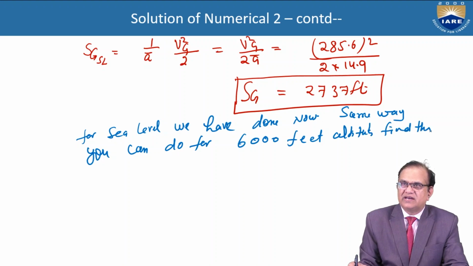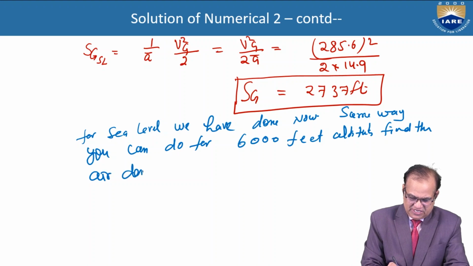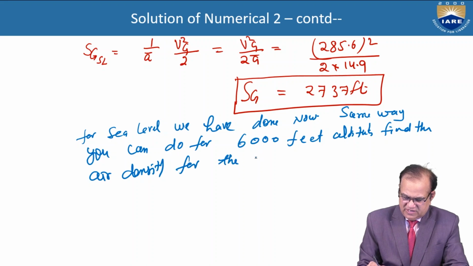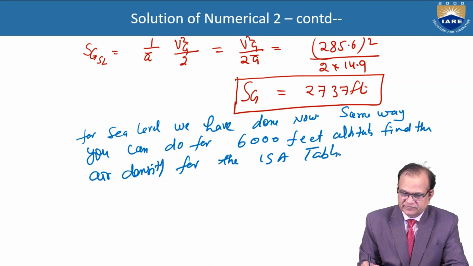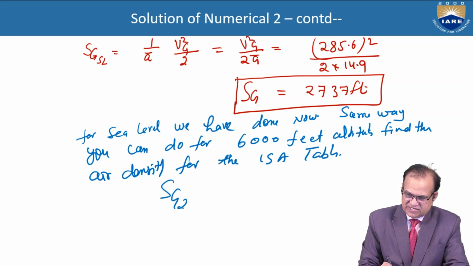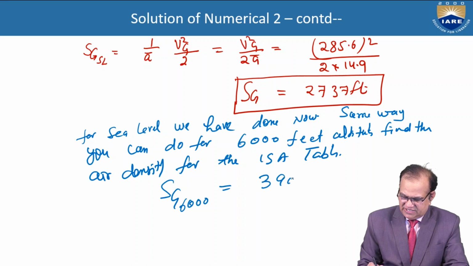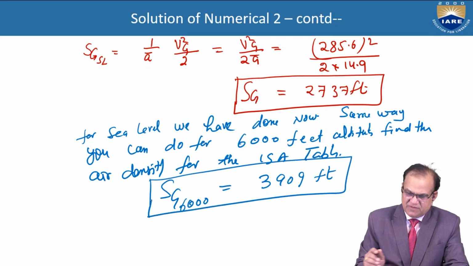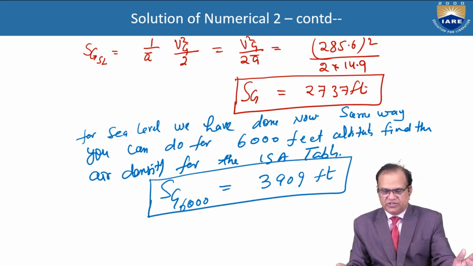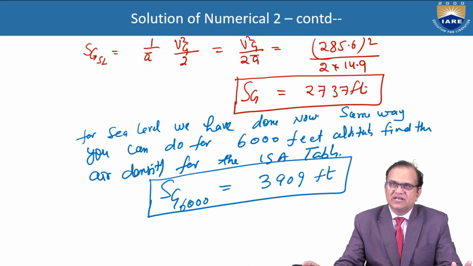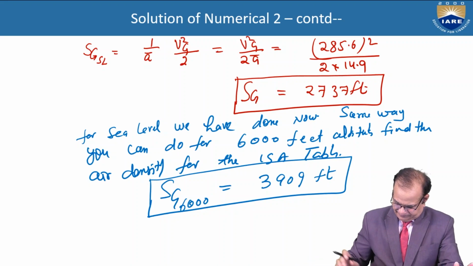Find the air density from the ISA table. You will get the value of SG at 6,000 feet. At 6,000 feet you will get the answer 3909 feet. The same way, only for rho you have to put this value and you will get all the required things.